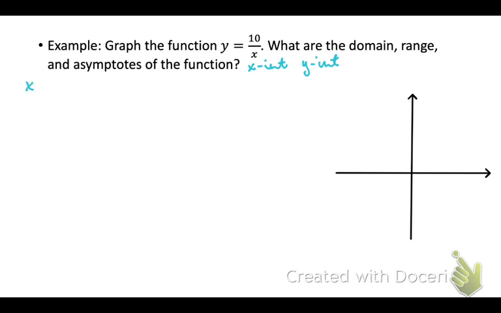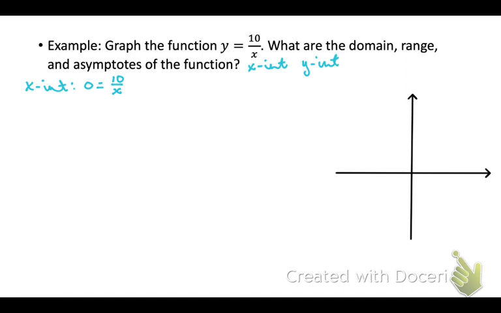Okay, so x-intercept, I always start with the x-intercept. The x-intercept is where it crosses the x-axis, yes? And the y is always 0 there, isn't it? So you set the equation equal to 0. So we'd have 0 equals 10 over x.